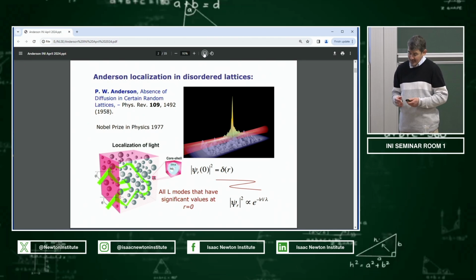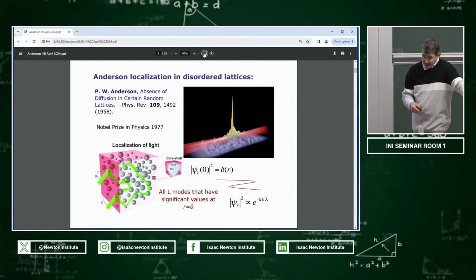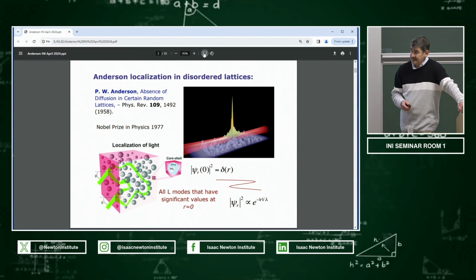If it is below the critical strength, then the linear field will not get localized and will spread across the lattice. Today I will not speak about 3D; all that I'm going to present is in 1D. In 1D, you have localization of a linear wave with a rather weak condition on the disorder.